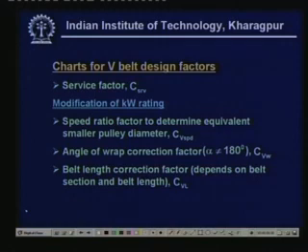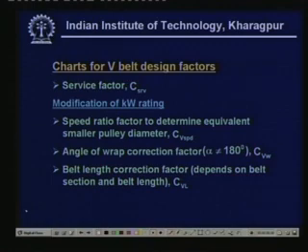Now, the kilowatt rating that you see in this particular chart requires certain modifications. What is that modification? The modification of the kilowatt rating comes out in the following manner.